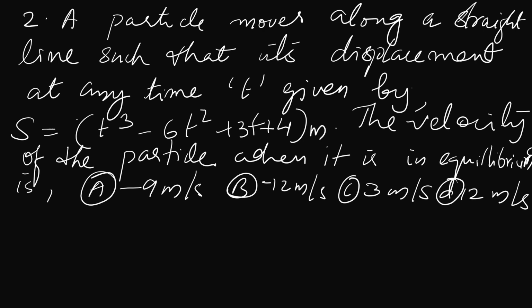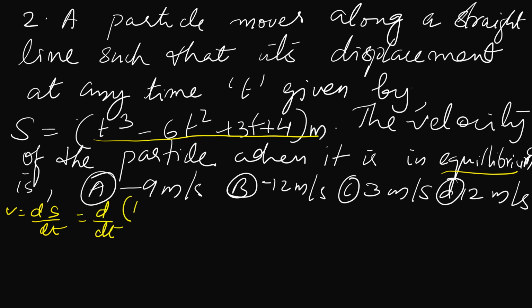A particle moves along a straight line such that its displacement at any time t is given by t cubed minus 6t square plus 3t plus 4. The velocity of the particle when it is in equilibrium. Equation for velocity is rate of change of displacement, ds by dt, or d by dt of t cubed minus 6t square plus 3t plus 4.